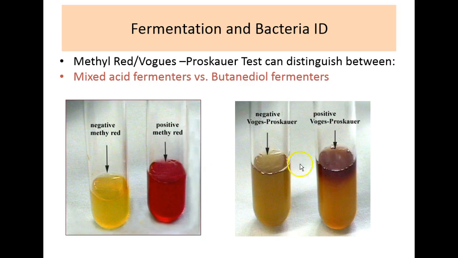The other portion of the medium is tested with a reagent that will detect the presence of butanediol. If butanediol is present, that will indicate the organism is a butanediol fermenter like Enterobacter. Thus, organisms can be identified by testing for the presence of the end products of their fermentation.